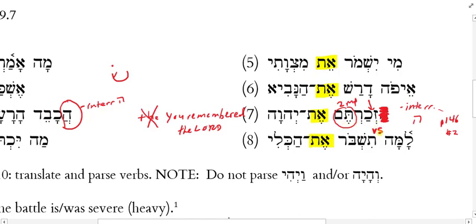Zakartem. And now I'm going to add the interrogative hey to the front of a word that begins with a vocal shava. So what I'm told here is I can't add it this way, or I'm going to have a compound shava followed by a vocal shava, right? Am I allowed to have compound shavas and vocal shavas side by side at the beginning of a word?